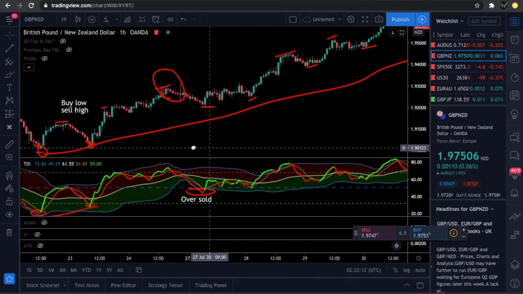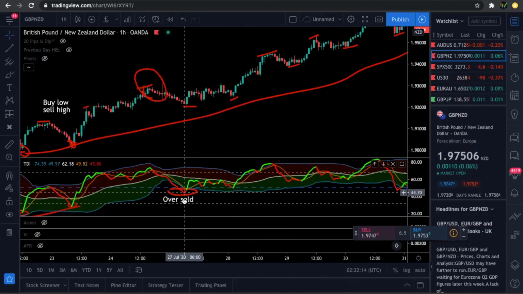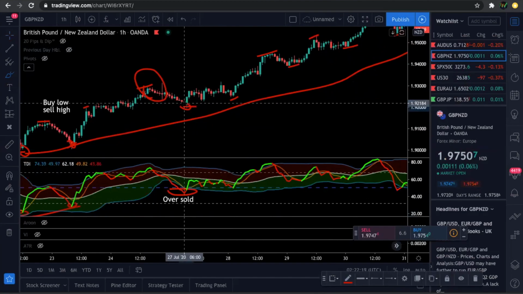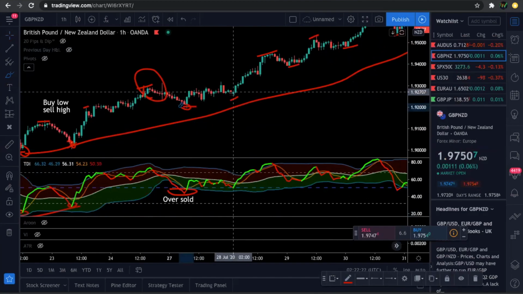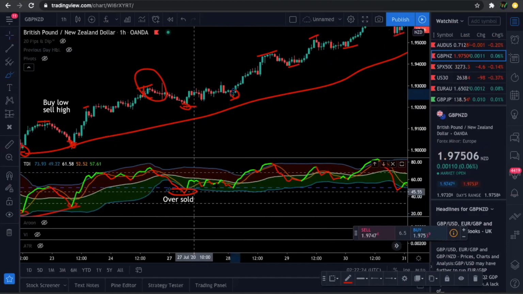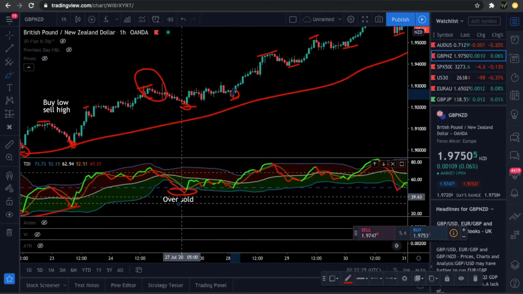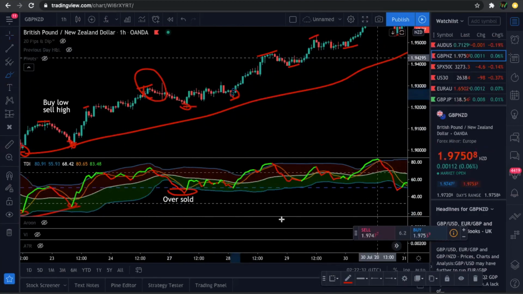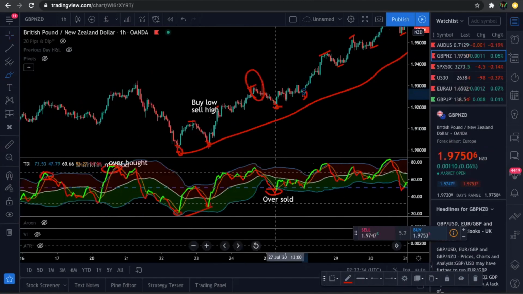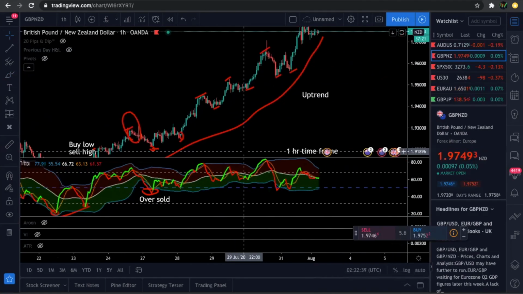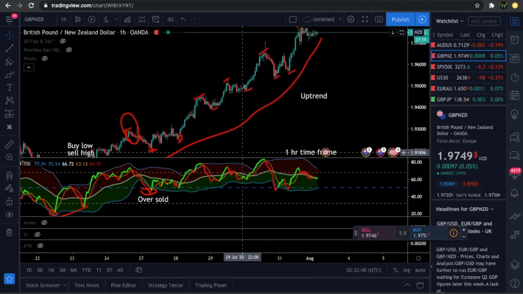Another area. This was the shark fin right here, oversold. Another area where you could have bought. All right. Right there. Now you see momentum started to go up. Okay. But if you entered right here on this shark fin, you would have made a lot of money because you trusted that the uptrend would continue, and it did.